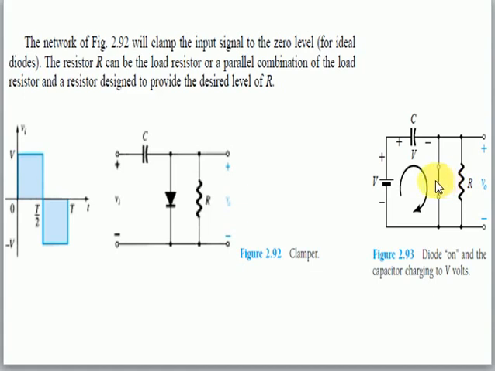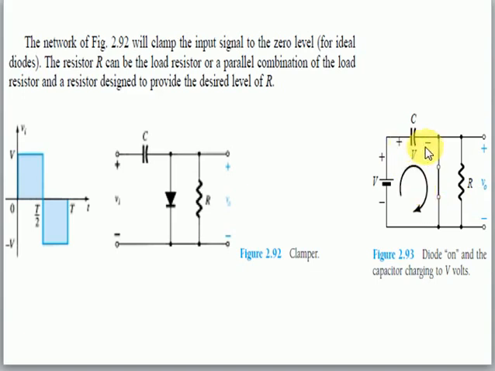So when VD is equal to 0, VR is equal to 0, that is V0 is equal to 0 when the cycle is positive. From this we can get the value of Vc, the voltage that the capacitor will attain. So in this case we get the output V0 equal to 0.